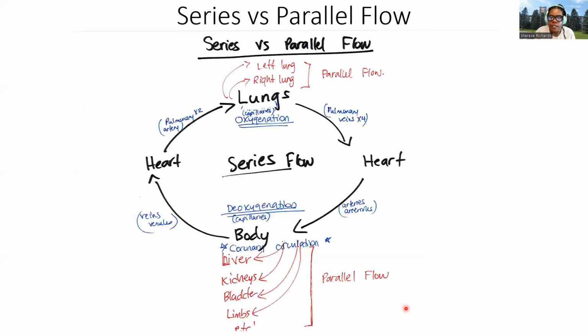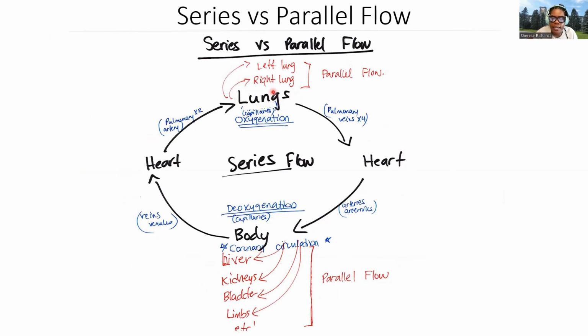Okay. So it's really important to reiterate this series versus parallel. If we think about the entire circulation, lungs to heart to body to heart back to lungs, this is considered a series in that all of the blood must stop at each of these points.